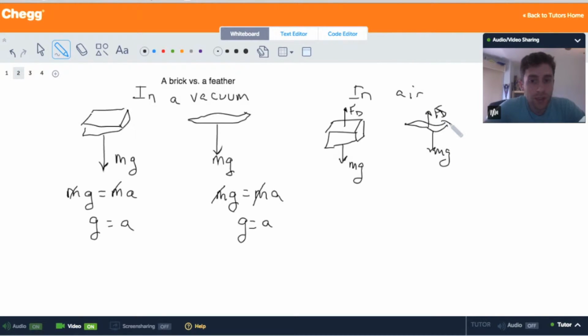The reason in air that a brick falls faster than a feather is that drag force, which has much less of an effect on a brick than it does on a feather, because a brick just plows right through the air with really little resistance. And a feather is really affected by the drag force, which makes its descent very, very slow.